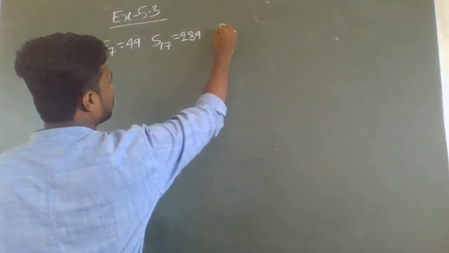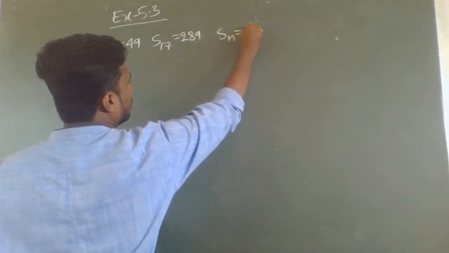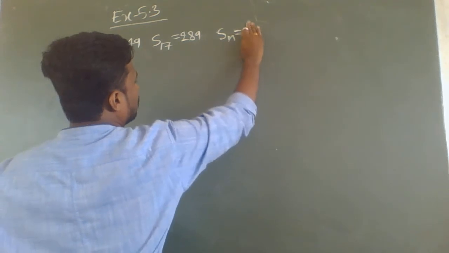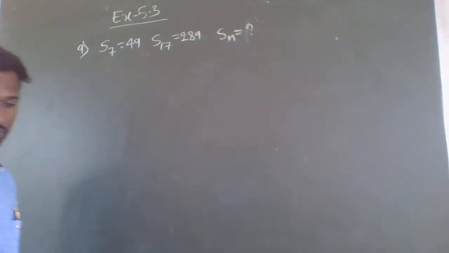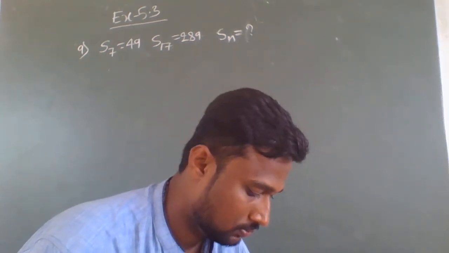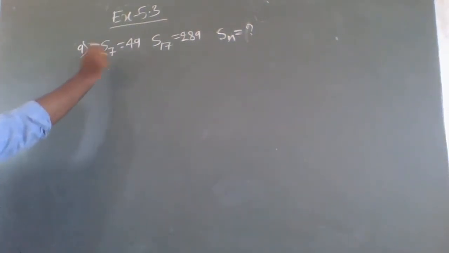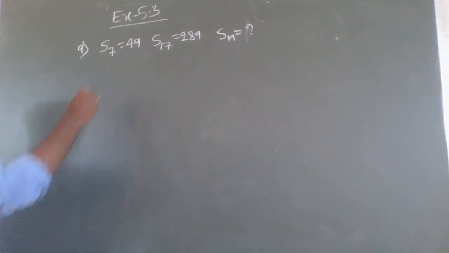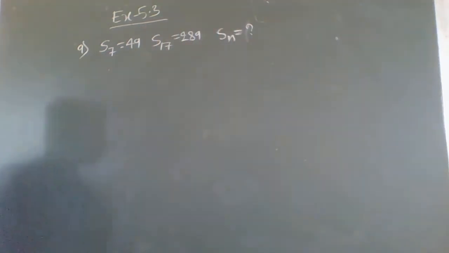Sum of first n terms means I have to calculate the Sn value. So here they have given the sum of 7 terms and the sum of 17 terms, and we have to calculate the sum of n terms. Sum of n terms means Sn only.